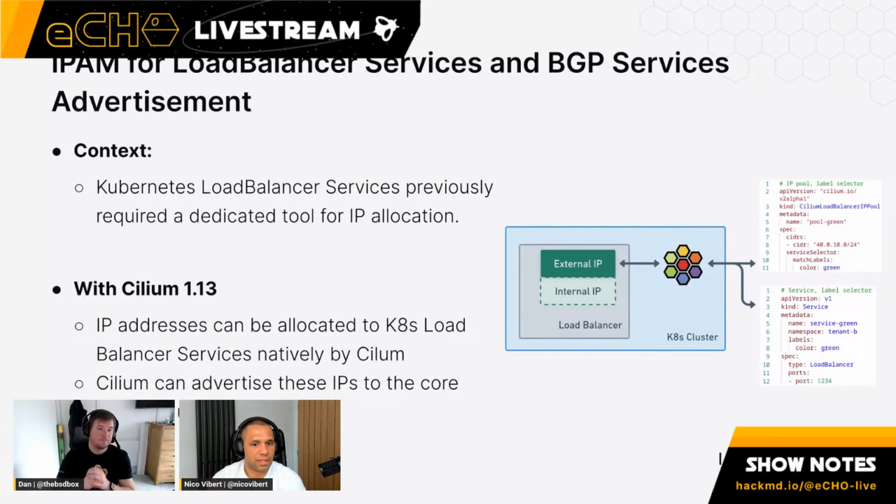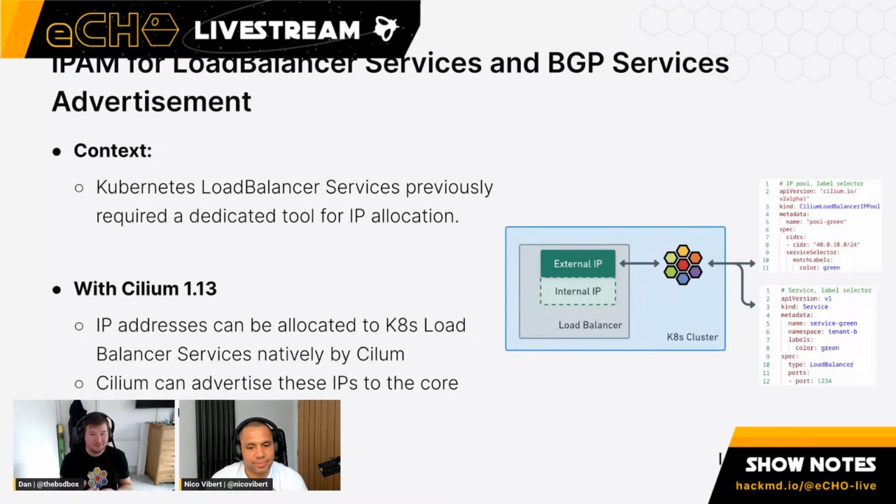There are two really exciting pieces that are part of this. Really, one is IPAM. So in the cloud, you just do a kubectl expose, and you magically get an external IP address. You don't care where that IP address came from. When you own the network, someone needs to decide what is a good IP address that you can use.